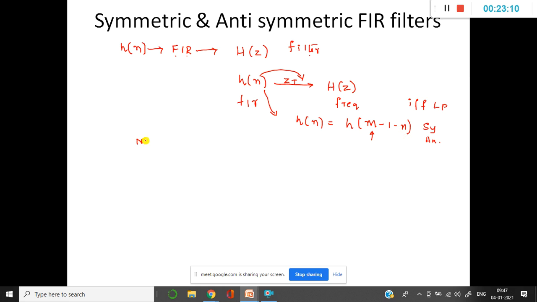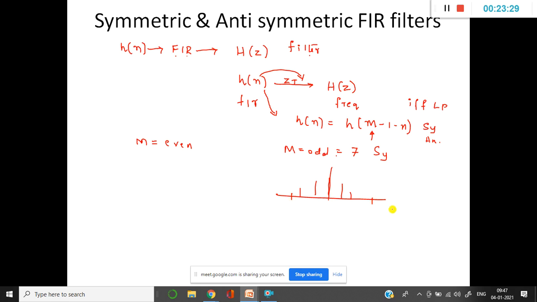Here let me consider the m even condition and the m odd condition. So how does it look? If m is odd, let us assume that m equal to 7. This is how my symmetric condition looks, symmetric, m equal to odd.